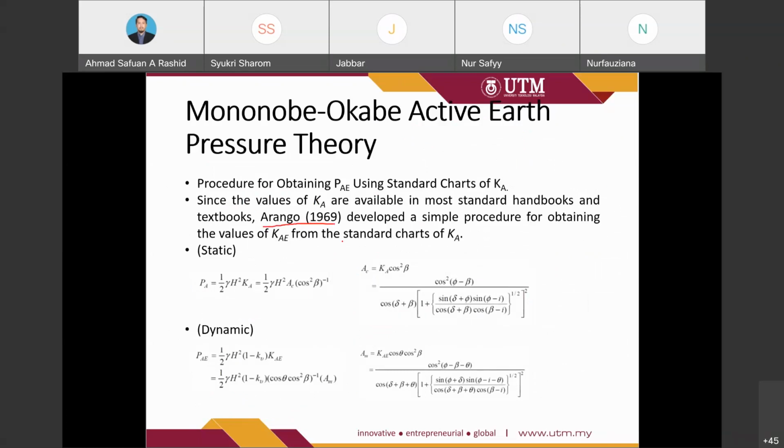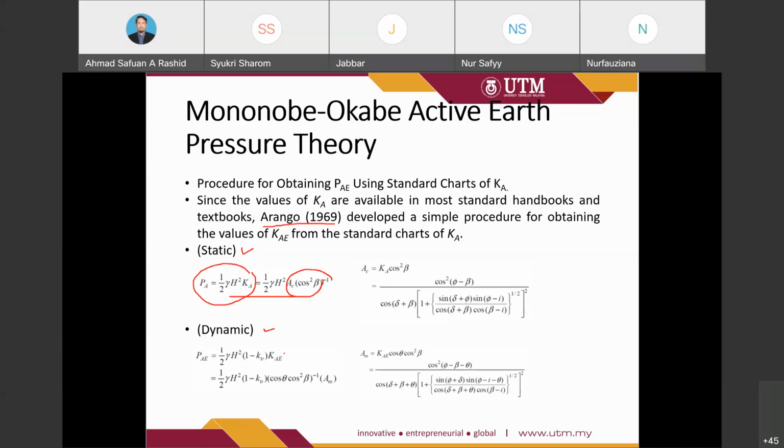This is the equation for the static, while this is the equation for the dynamic. What we learned is half times gamma times H squared times Ka. Then he introduced this sub equation, where AC is equal to Ka cos squared beta.